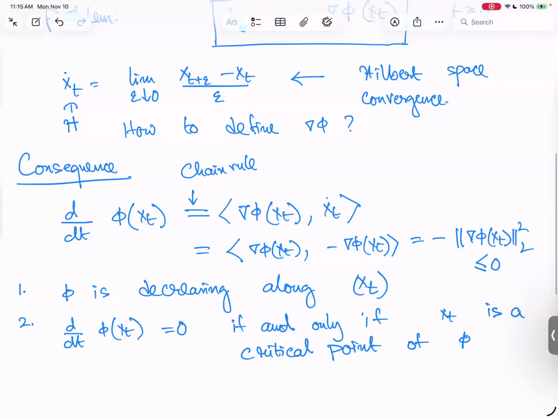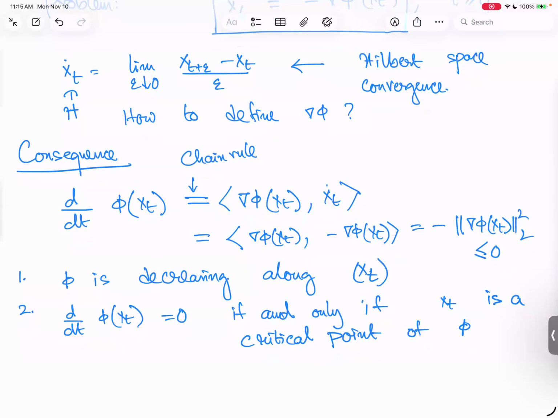Right? If the time derivative is zero, then the norm squared is zero, which means that the gradient of phi at x_t must be zero. So then x_t is a critical point. And conversely, if the gradient of phi is zero, then the time derivative is zero. This is the only possibility. Otherwise, it's strictly decreasing. So the function value is strictly decreasing along the gradient flow.